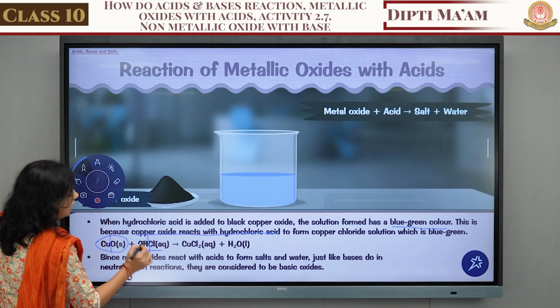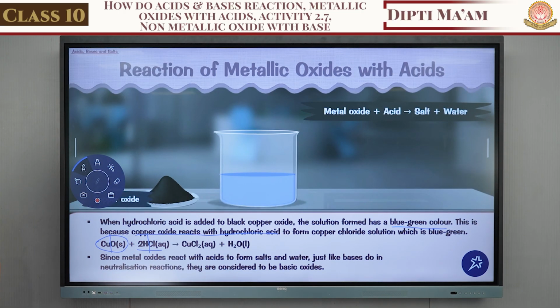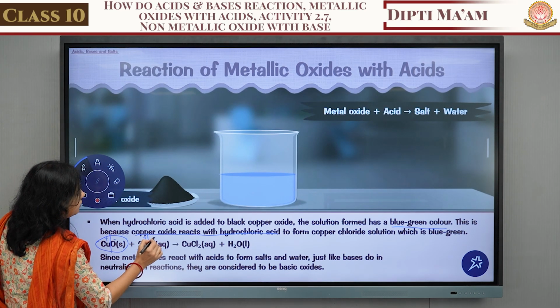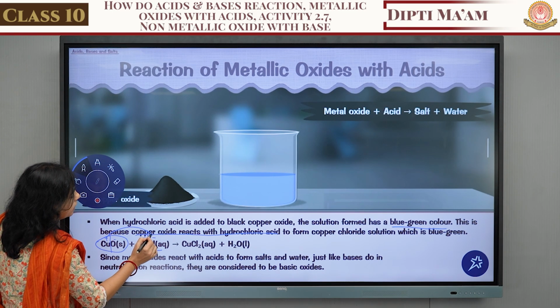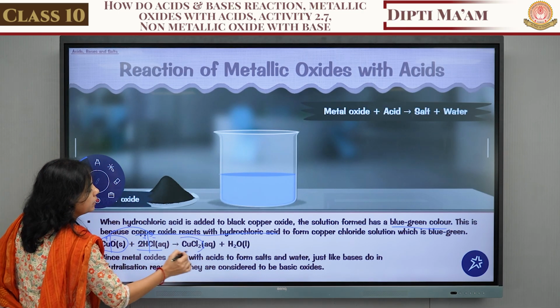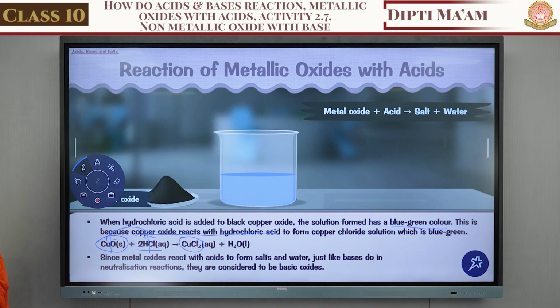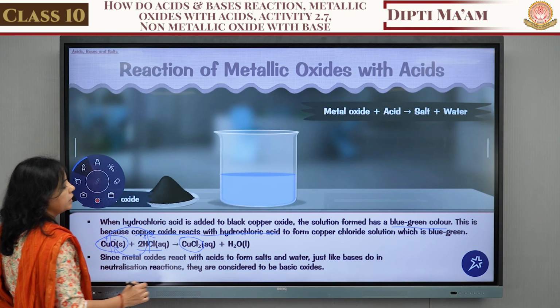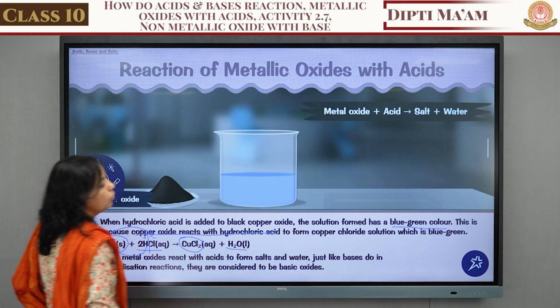In HCl, hydrogen is positive and chlorine is negative. So with the plus and minus, we can see that the copper reacts with the Cl and forms CuCl2, that is the copper chloride, and this hydrogen reacts with the oxygen and forms H2O.